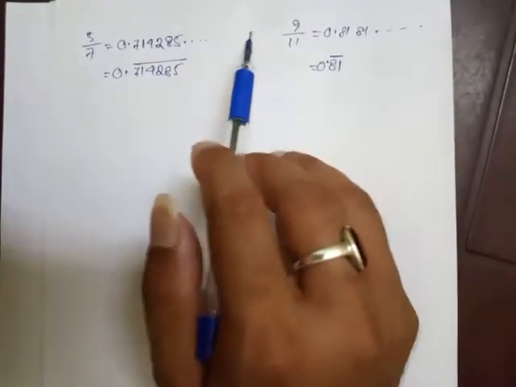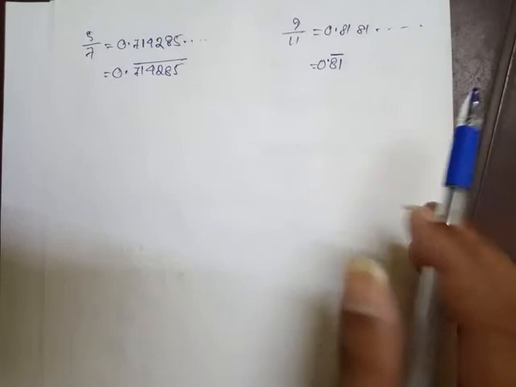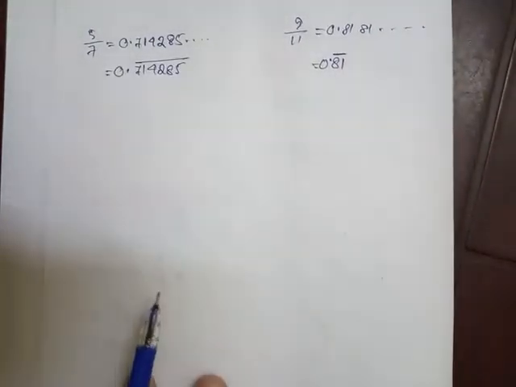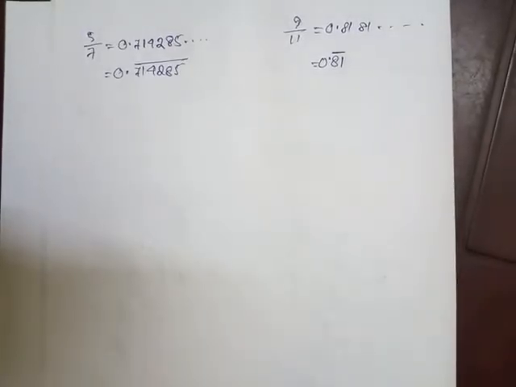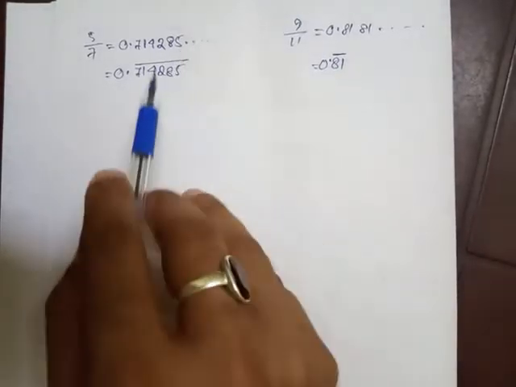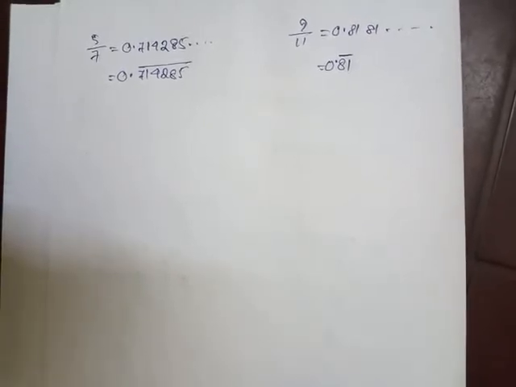As we can see, these two decimal expansions are infinite, non-terminating repeating. So any three numbers we can take between these two repeating numbers. Let's have a look how to solve this one.